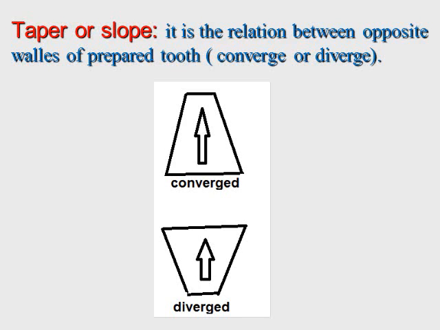Or they diverge. It is the opposite of converge. That means if we extend the planes of the walls, they will go away from each other. They are not going to meet, and this relation is a divergence, and we call it the inverted slope or inverted taper relation.